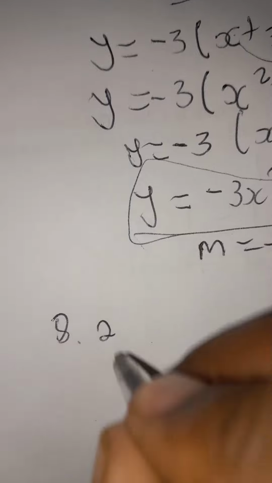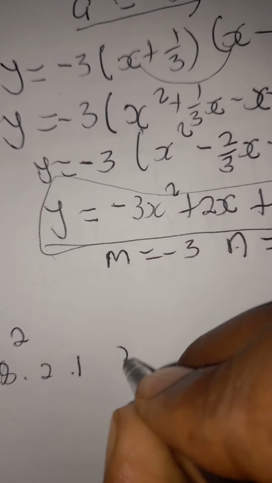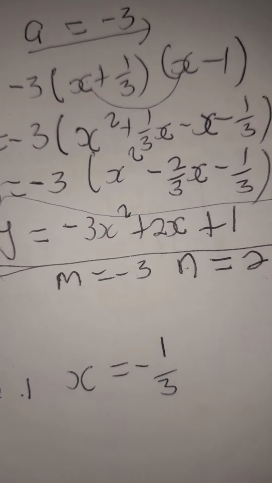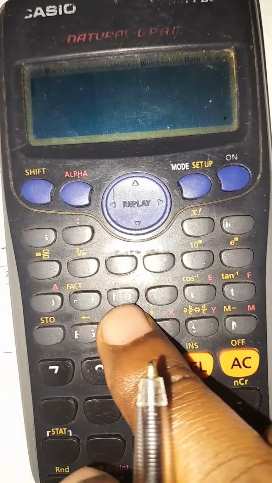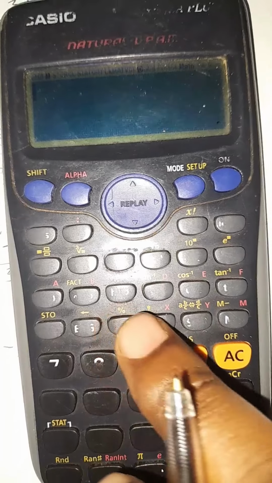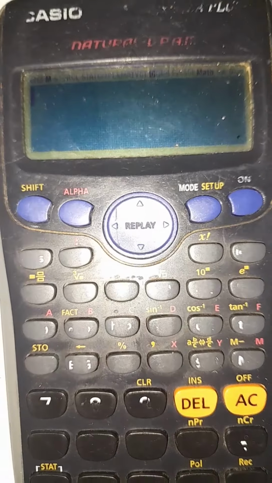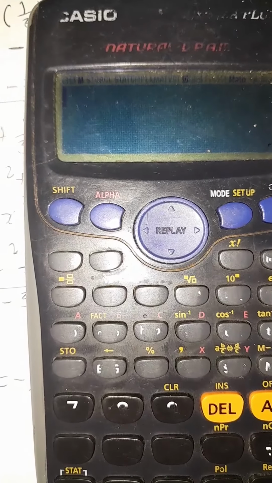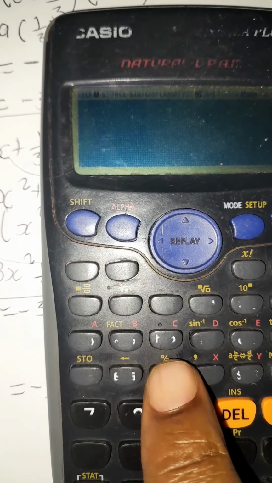That is 8.2.1. Remember that x is given as minus 1 over 3. What is y? Let's take our calculator there. We are going to use the original equation.